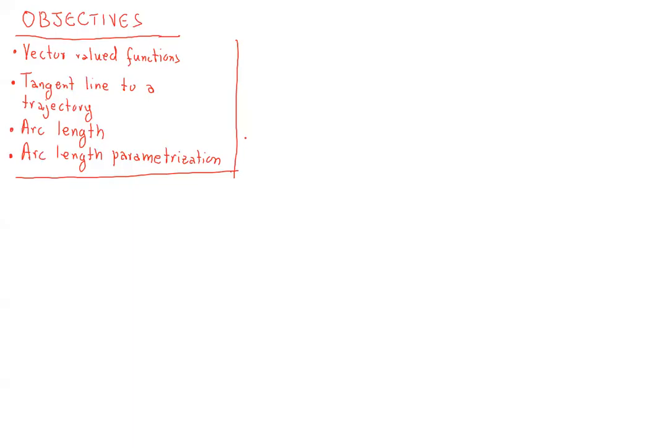We're going to begin by looking at a simple example of using the velocity of a given motion in order to recover the position.